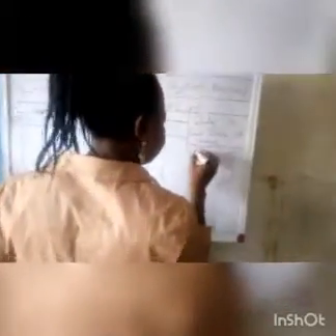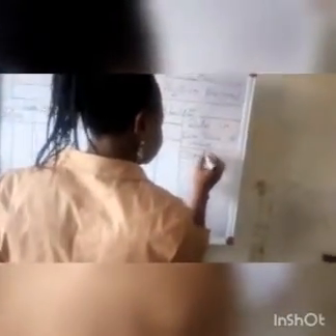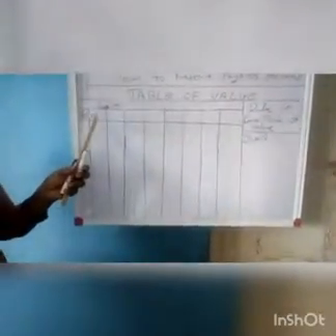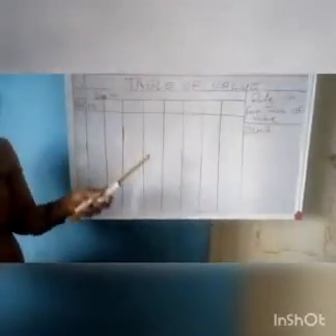The first rule is that the unit must be there. There must be a unit assigned to all the values. If you leave any value on the table of value without the unit, your table of value is 0. So you must take into consideration the units and be careful about it.